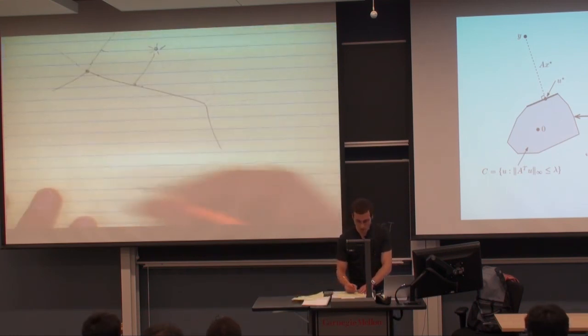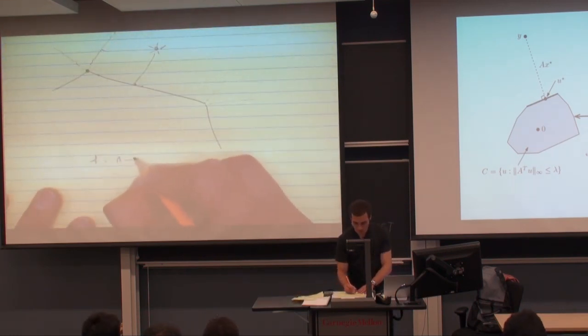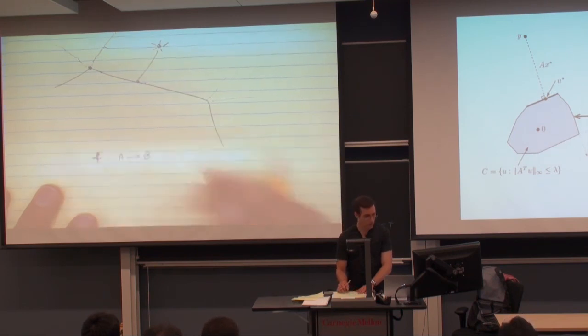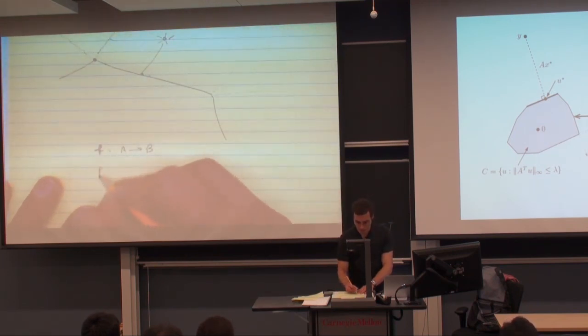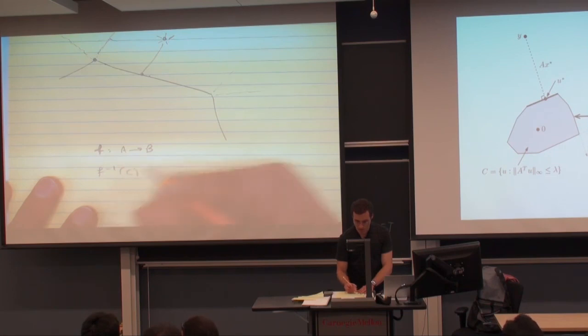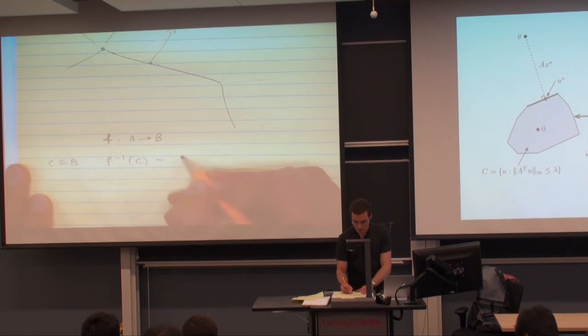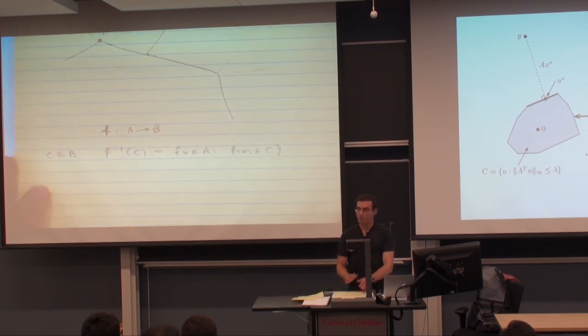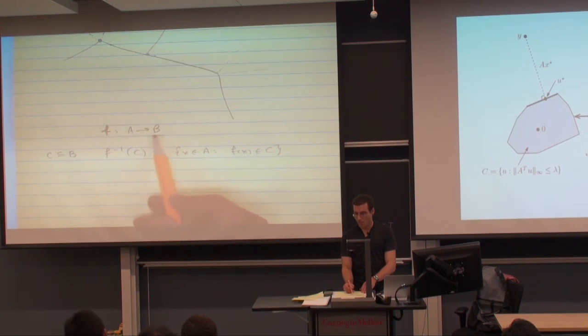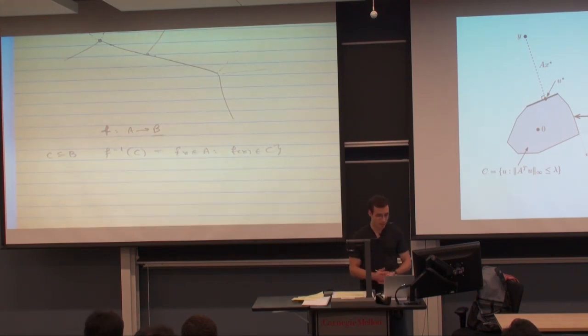So if I have any function f that goes from A to B, whether or not it's invertible, I can talk about its inverse image of some subset C as the set of all x in A such that f of x is in C. So it's the inverse image of something in B, which here is R^p. I take the inverse image of the L infinity ball, and it gives me something which is itself a polyhedron.